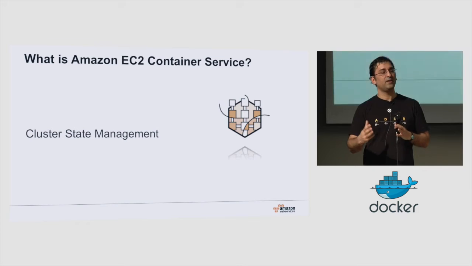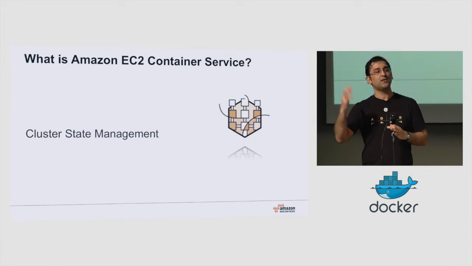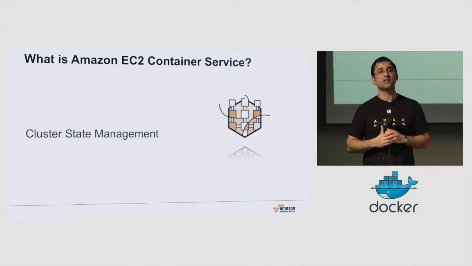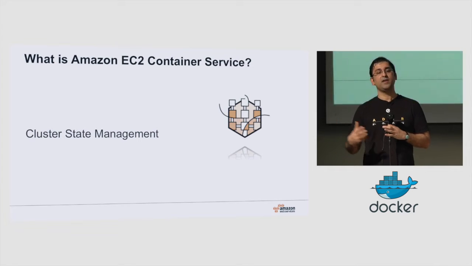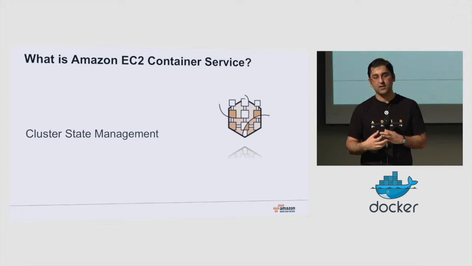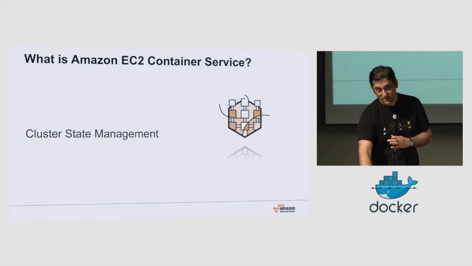I have a small one when I'm running a few containers. But what happens when I'm running 10,000 containers across a few thousand instances? How do I scale my management infrastructure for that? And so the answer we had was you don't have to run any. Everything is an API. You want to manage your cluster, you do it with APIs. You want to get the state of your system, it's an API call or two away. That was another key thing that we wanted to do.